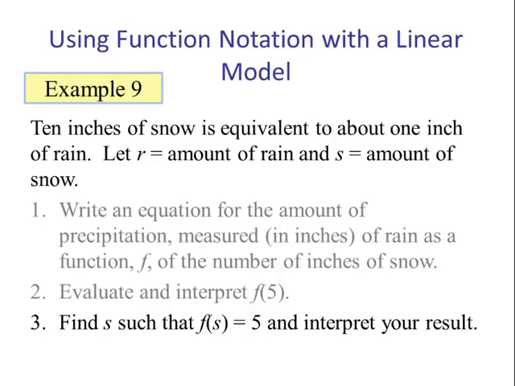Number 3, find s such that f of s is equal to 5 and interpret your result. So this time we are given an output and we want to find an input s. So if we use our function f of s equals s divided by 10. Substitute what we know. We know that f of s is 5, so we put a 5 here.